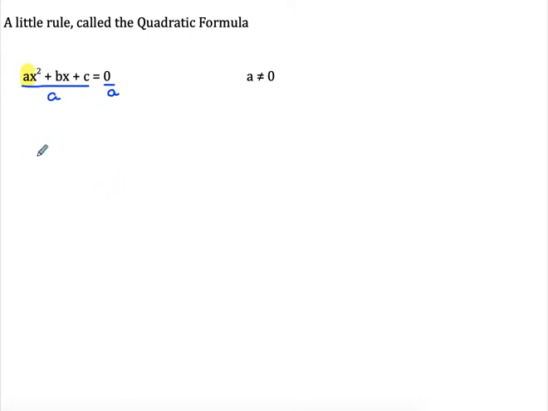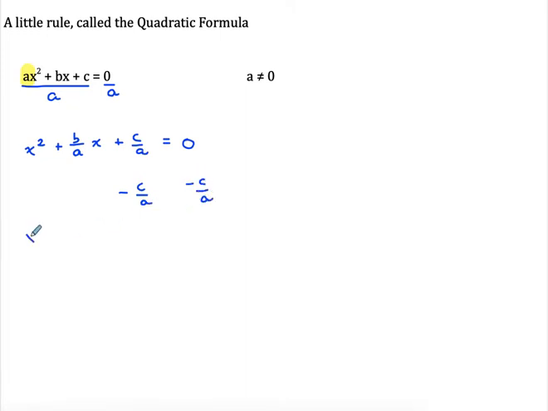So if I were to do that, I would end up with x squared plus b over a times x plus c over a is equal to 0 over a, or 0. Now I'm going to complete the square, so I need to move whatever this value is over to the right-hand side here.